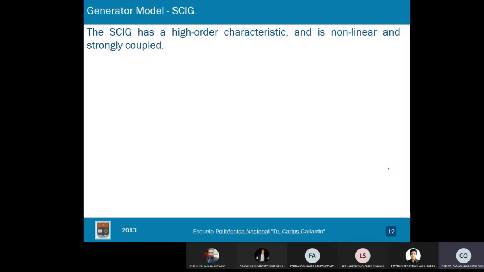So I will take this assumption. On the other hand, the magnetic saturation, the eddy currents, and the iron core loss are ignored. Therefore, the squirrel cage induction generator has a high order characteristic and is nonlinear and strongly coupled.